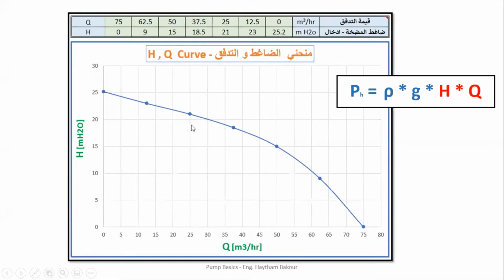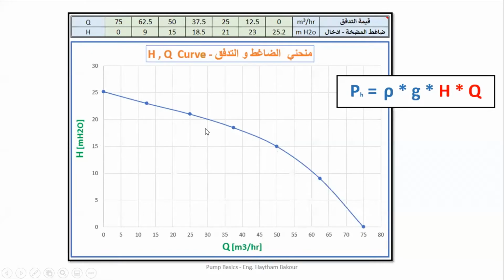And this is another chart of this curve. If we apply this head on the flow rate, we have 30 cubic meters per hour, while with another head, we have 50 cubic meters per hour.